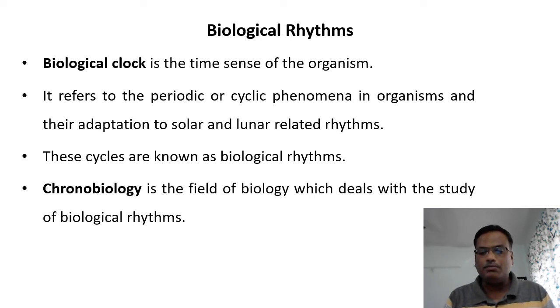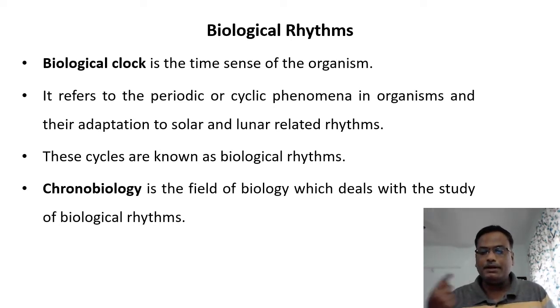Normally we use the term daytime and night. So when the sunlight is present, that part is called day, and when the sun is gone, it is complete darkness and we call it night. And then we have something called month, which is represented by the moon, right?